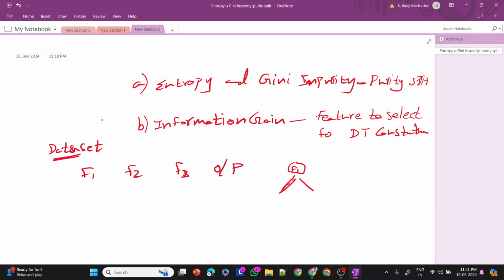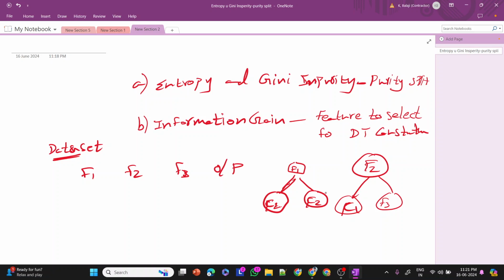It can have C1, C2, or we can start with F2. Like this, you can have F2, then F1 and F3.